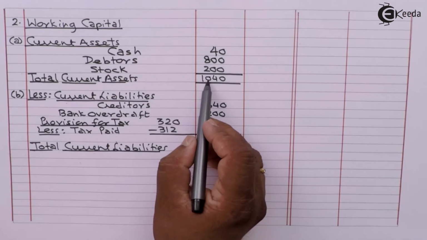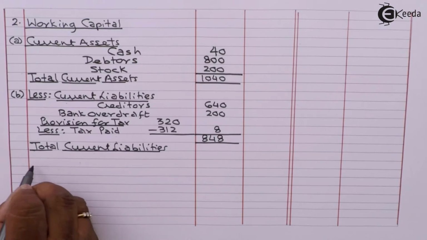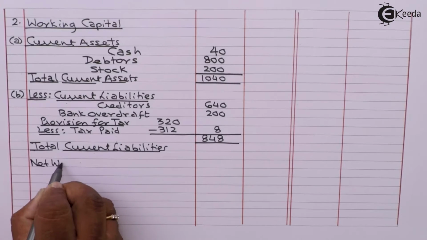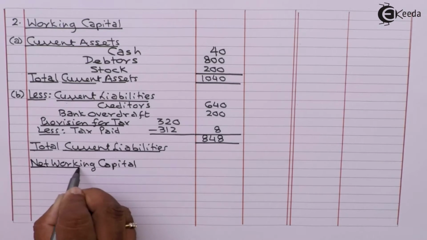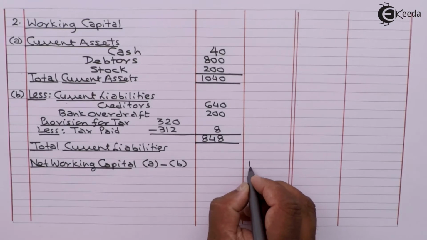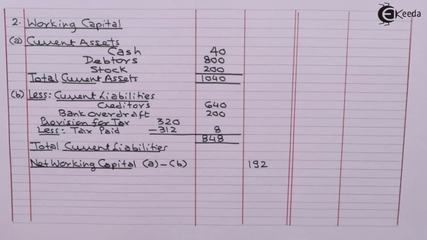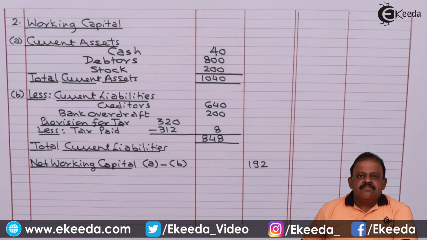From current assets we'll deduct current liabilities to arrive at net working capital. It is 192,000.